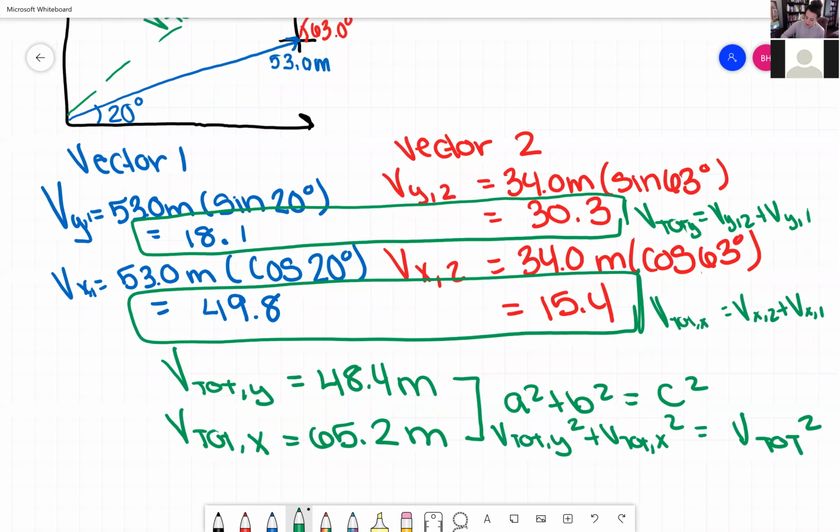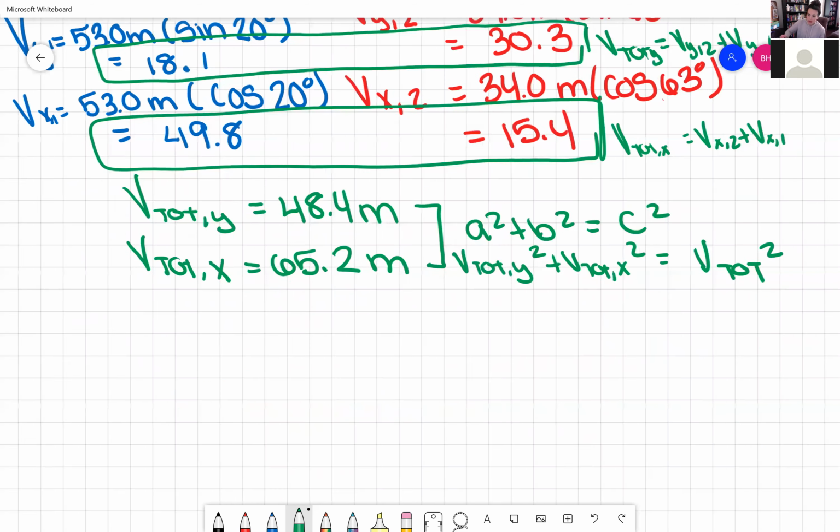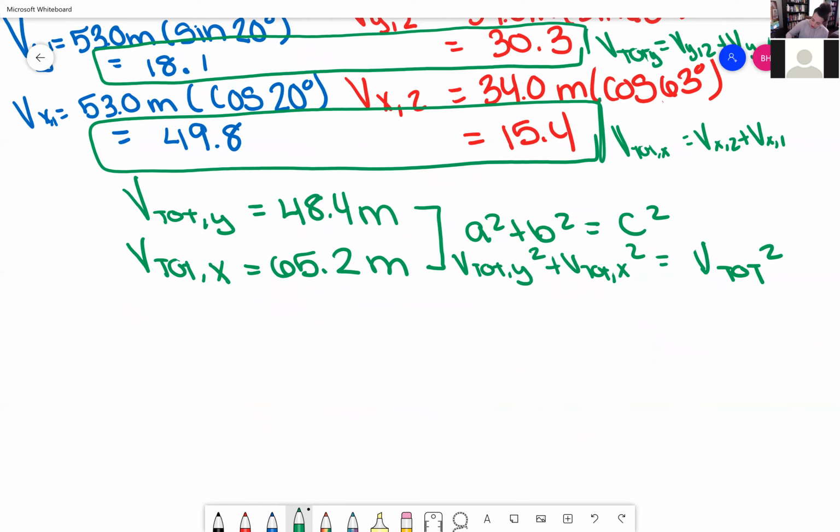So let's go ahead and plug that in. And this is what it's going to look like. So we're going to have 48.4 meters squared plus 65.2 meters squared is going to equal, I'm going to go ahead and move my square root over, okay?